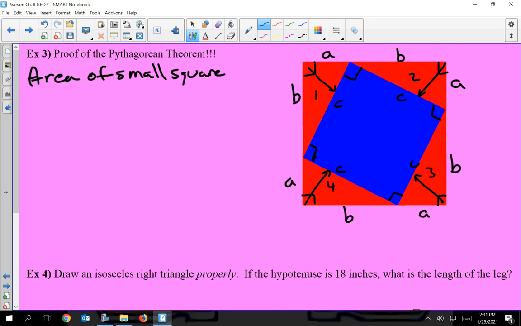Okay. Now, to get the area of a small square, it's either the length times the width or the base times the height, whichever way you want to do that. Now, the small square is the blue one. What are its sides? The sides are C, so it's C times C, which gets me C squared. Okay?